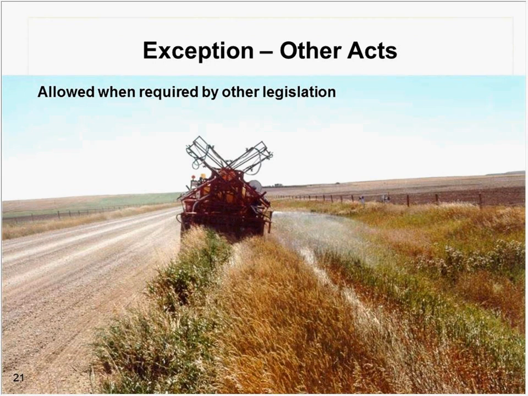There's also an exception for other legislation. If a weed or a plant is listed under the Weed Control Act as a noxious weed to agriculture, and the local weed inspector determines that you need to control a specific plant or invasive plant under the Weed Control Act, then in order to comply with that legislation or order, you would be exempt from the cosmetic pesticide ban.